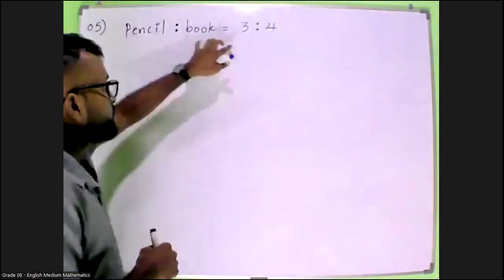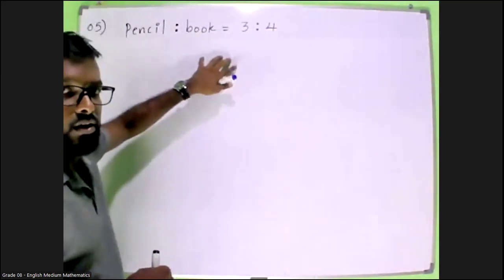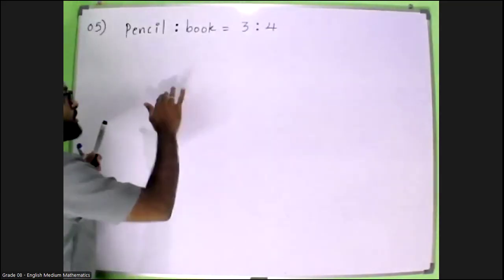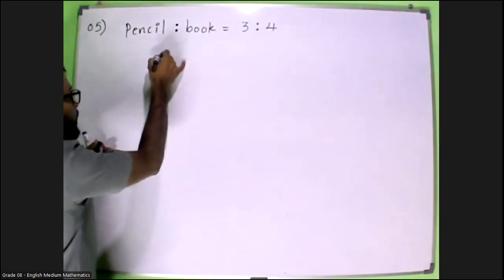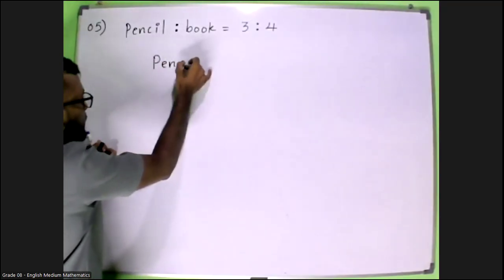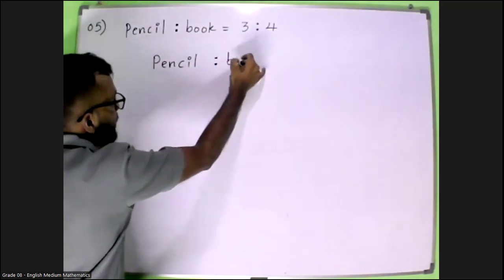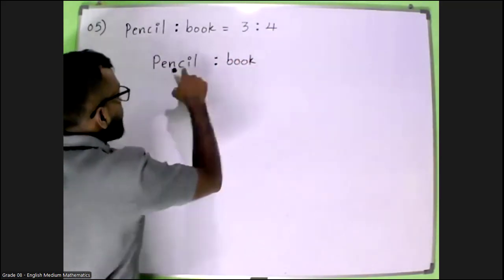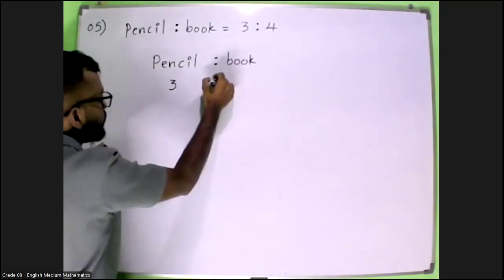So this is the ratio. I can write this in a different way. Now look at the board. Pencil to book, 3 to 4.